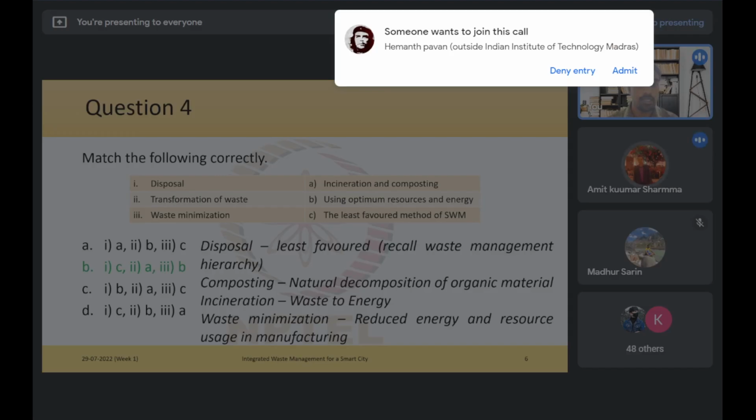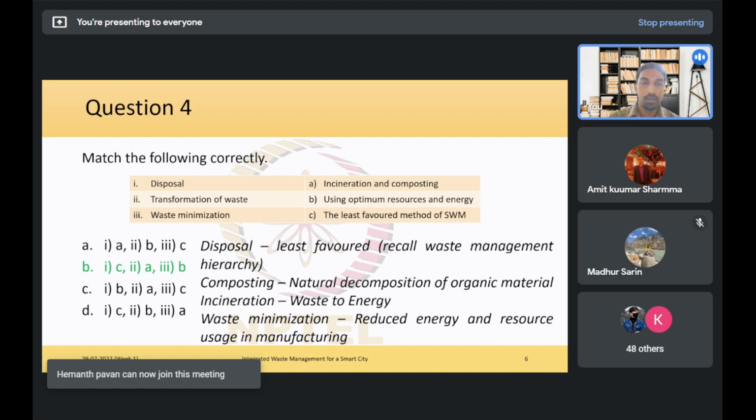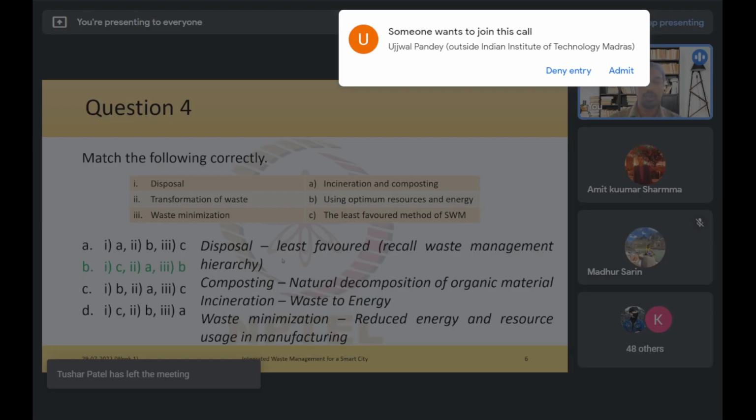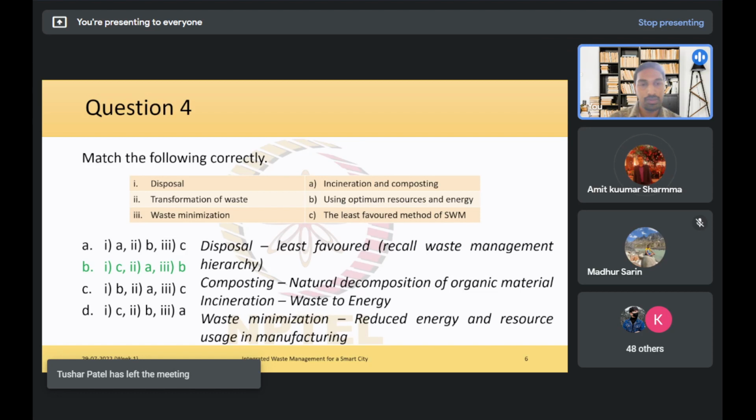And in composting, what we do is deal with organic waste. We use a natural decomposition process to convert this organic waste so that it could be used as compost, as fertilizers, and so on.